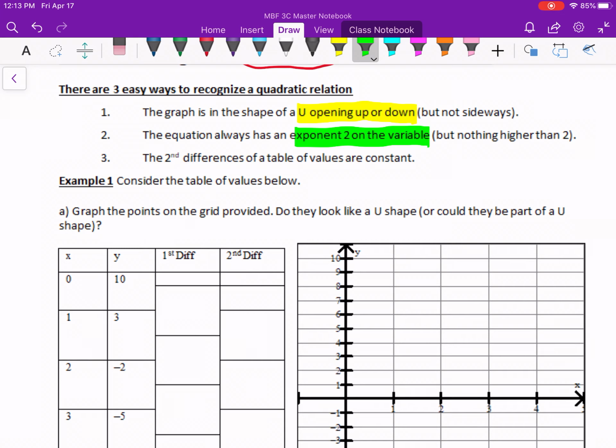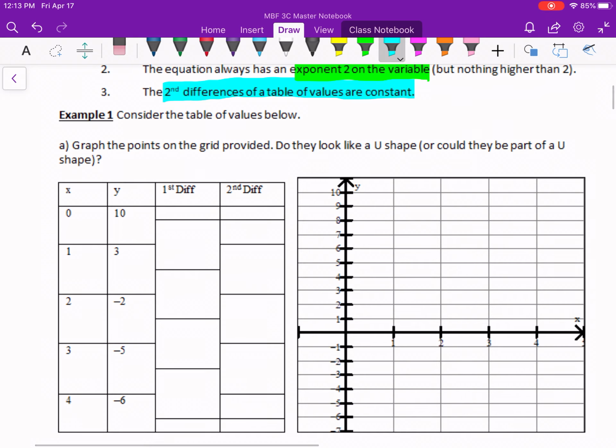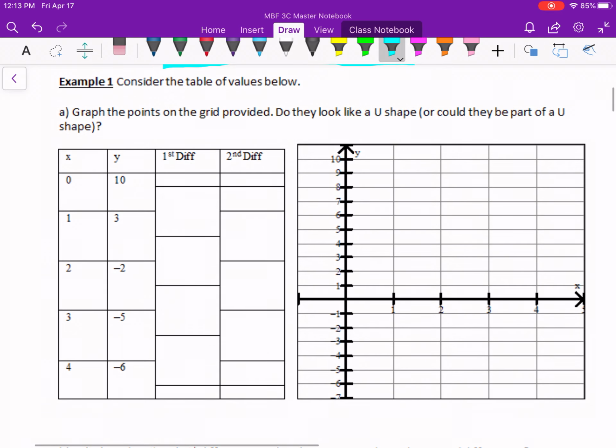If it's in factored form, which we'll talk about at a later date, then we can't see that. But for now, we're going to think about ones that are in standard form, exponent 2. And if we're looking at a table of values, the second differences are going to be constant. We saw previously that if first differences are constant, that gives us the slope of a linear graph. But if we have constant second differences, then we'll have a quadratic.